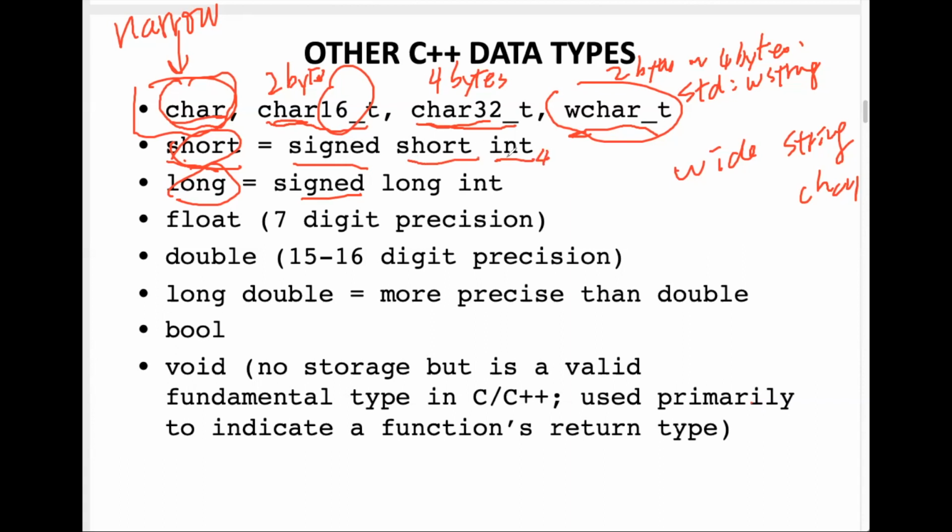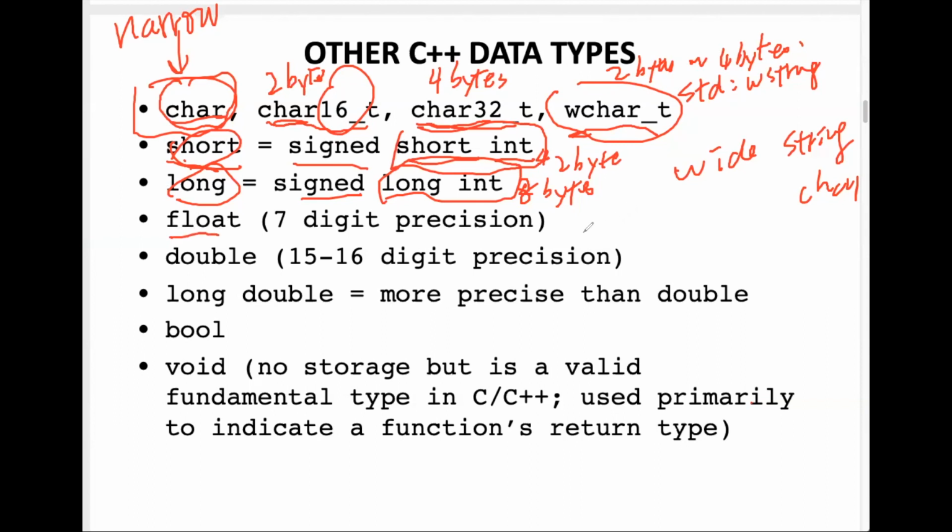If you put a short in front of it, this entire short int is 2 bytes, okay? And long, on a contemporary computer framework you're running this on, would be 8 bytes. Why? Because integer is 4 bytes, so if you make it long, then it's 8 bytes. So with these modifiers, you're able to make your storage slightly larger or smaller, depending on what they are.